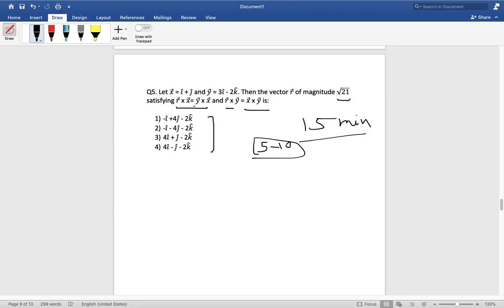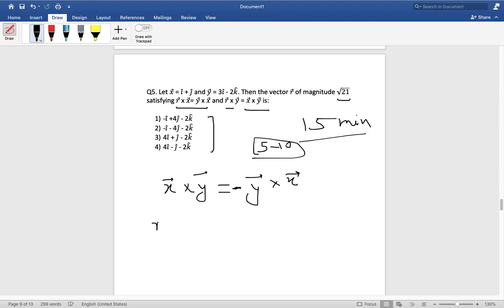So r cross x is given as y cross x and r cross y is given as x cross y. We know that x cross y and y cross x, are they equal? No, the signs change. X cross y equals minus y cross x.